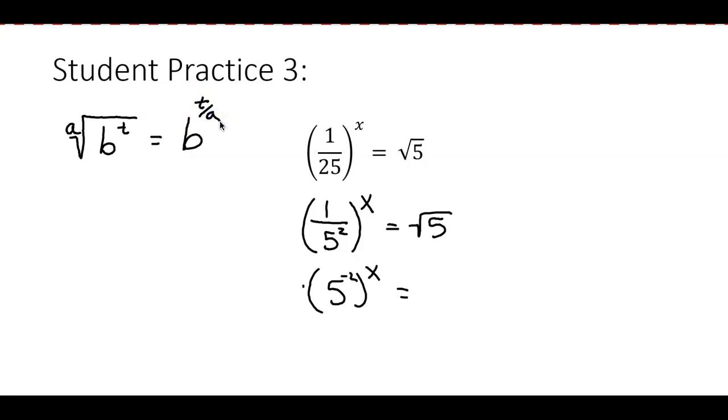So in other words, whatever number's out here, that's going to be the denominator of your exponent. And whatever number's in here, that's going to be the numerator of your exponent. And the b is just your base. So we have a little rule there. So for instance, if I had this, that would be 5 to the 2/3 power, just as an example. So that's our review. Now let's come to this problem.